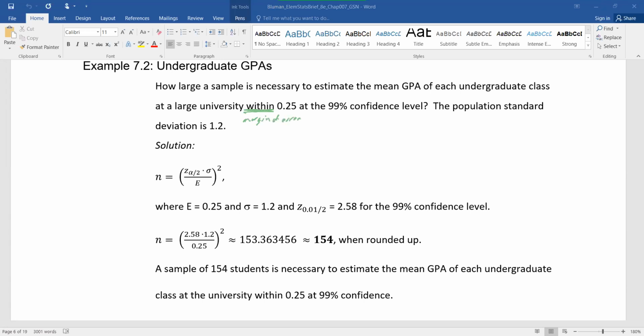Typically, when you do the math for a company, it'll be plus or minus. So you can be 0.25 up or down, but be within that range. And then we have our confidence interval at 99. So what is that z alpha divided by 2 going to be at the 99 percent level? 2.58.